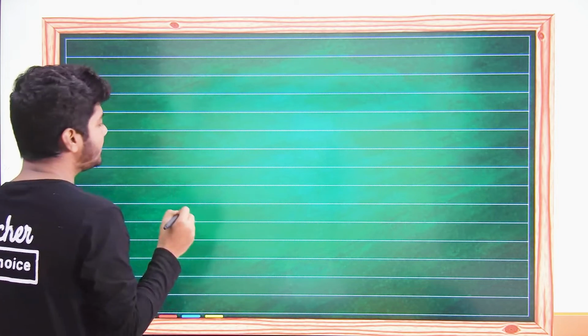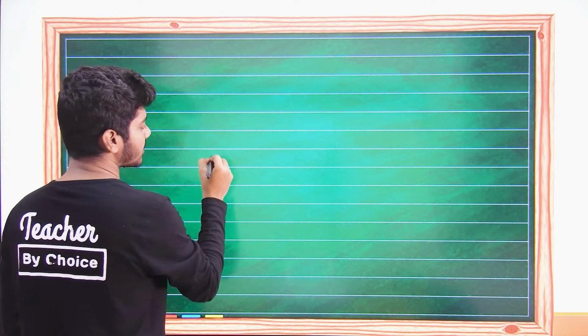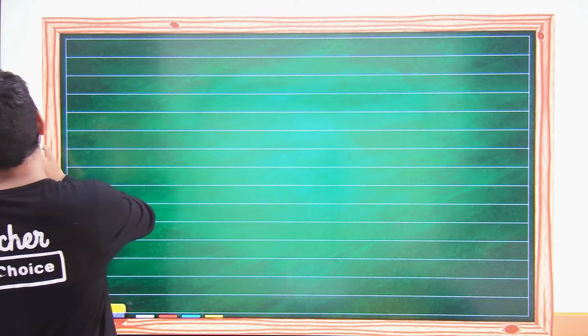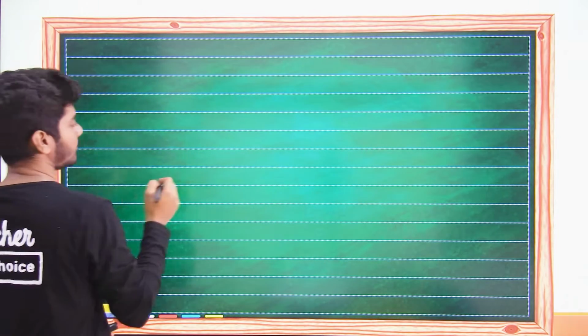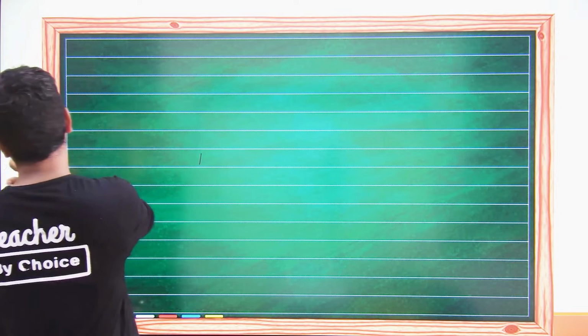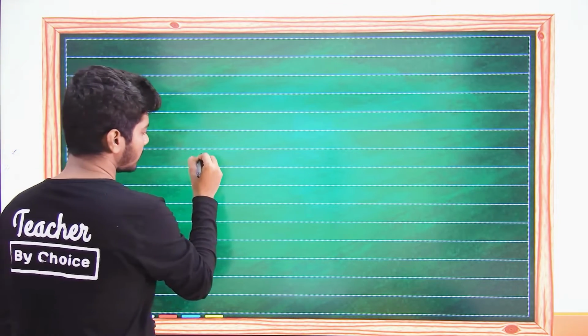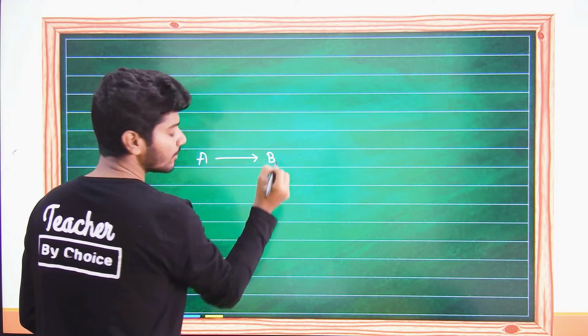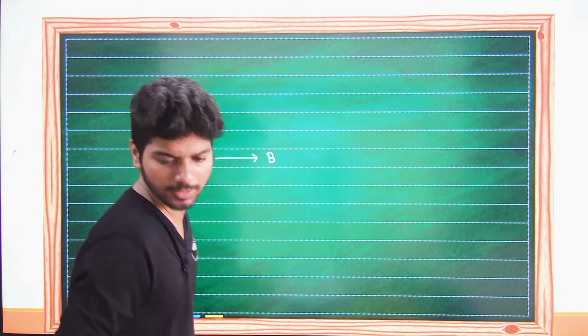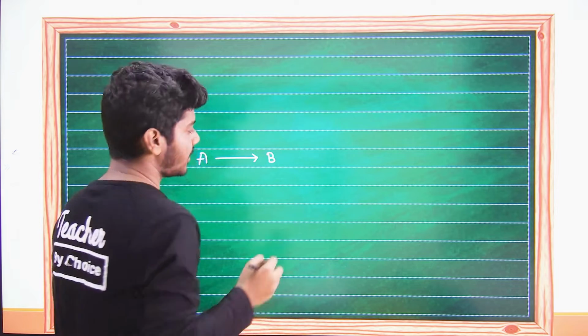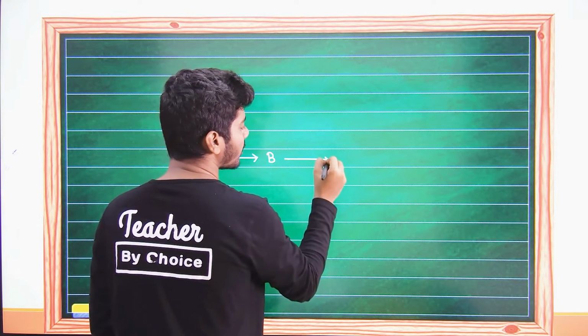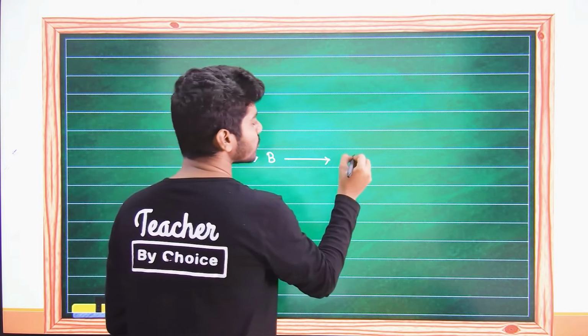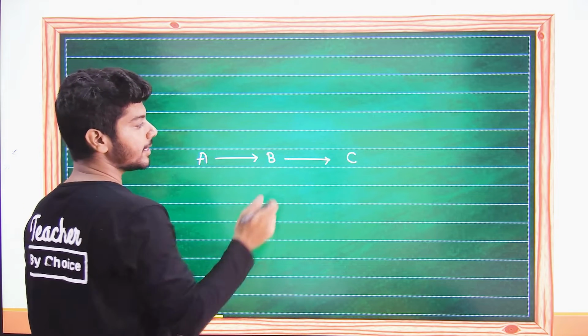All right. See, in general format, there is a person A. A is selling the product to B. Is it visible? Yes. A is selling the product to B. B is selling the product to C. Always remember, profit is written above.